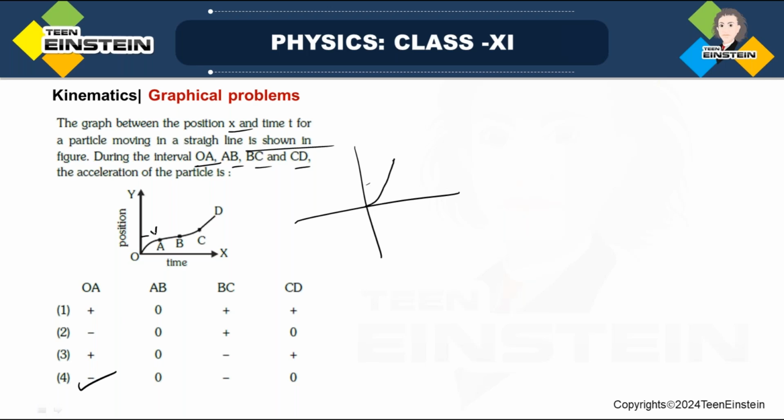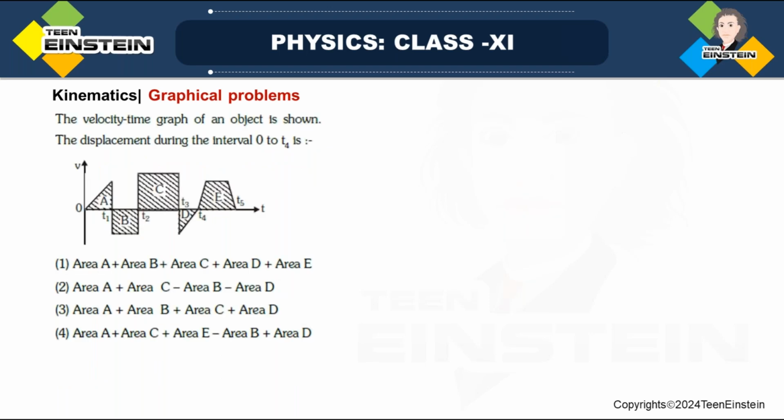And during AB, look, this is actually a straight line. In a straight line there is no acceleration. So acceleration will be 0 for AB. BC, again, the acceleration is positive. Slope starts increasing.